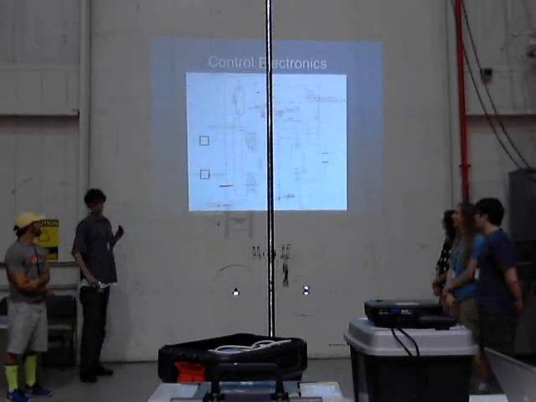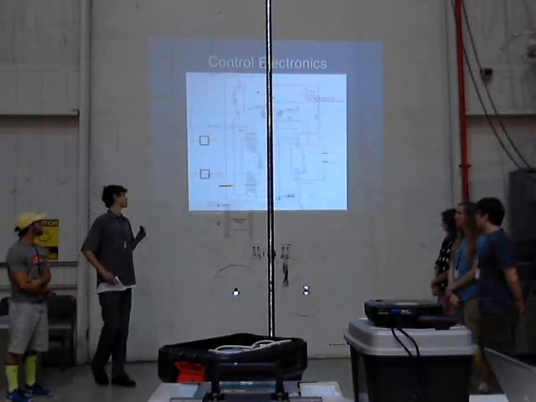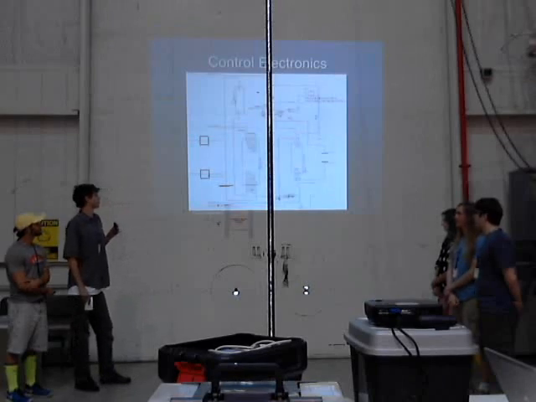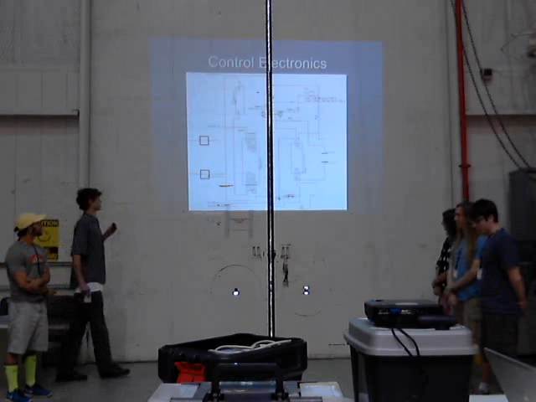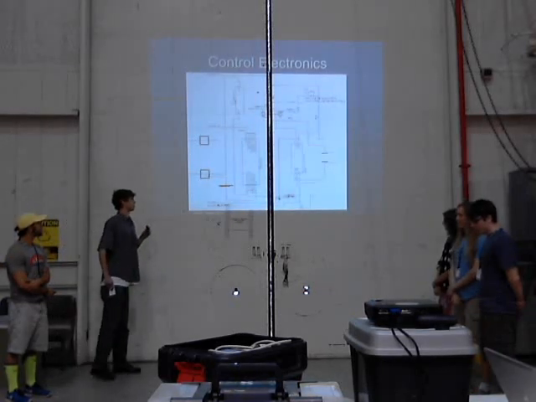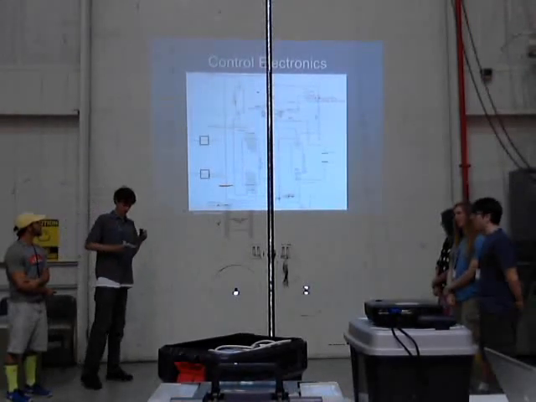Okay. So this is our Gerdie control circuit, and it consists of primarily three components: our input circuitry, our signal conditioning, and our switching circuit for switching our condenser on and off.